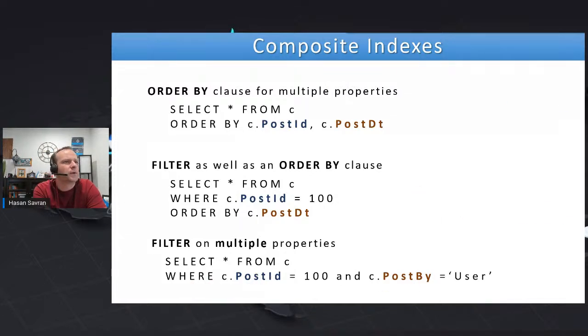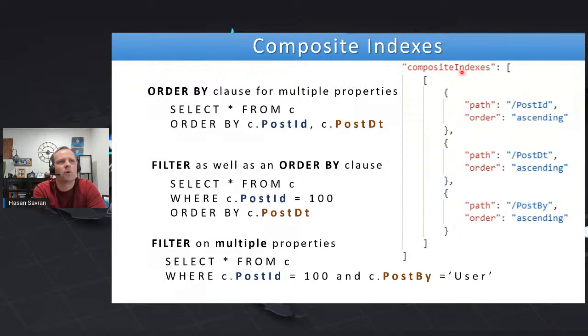How this works is, as you can see, you create your composite indexes in the indexing policy, and you say these are the paths you want, and it creates almost like pointers. In my case, I'm using post ID and post date. I believe you can add up to 8 properties here, if I'm not mistaken.